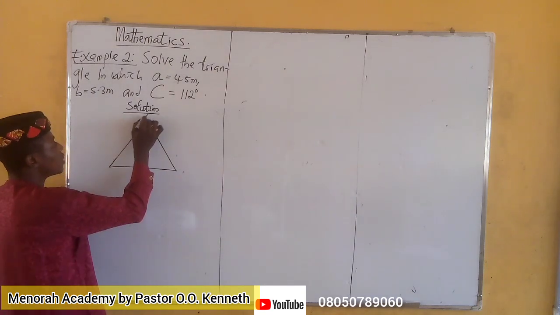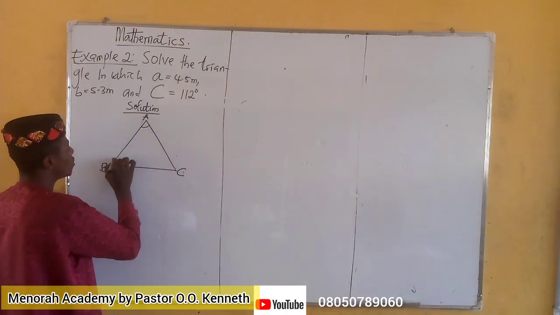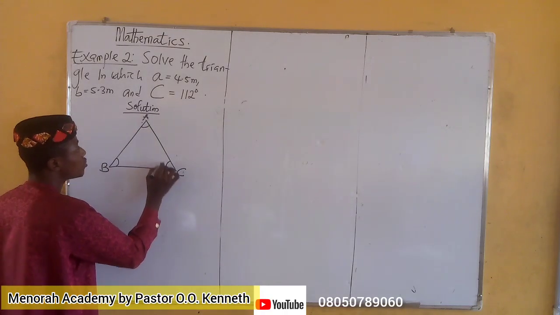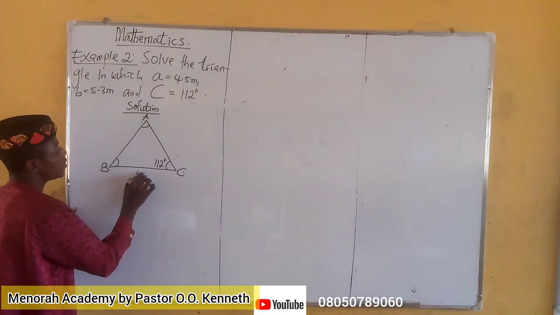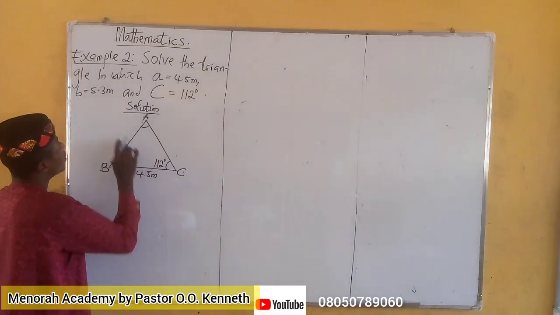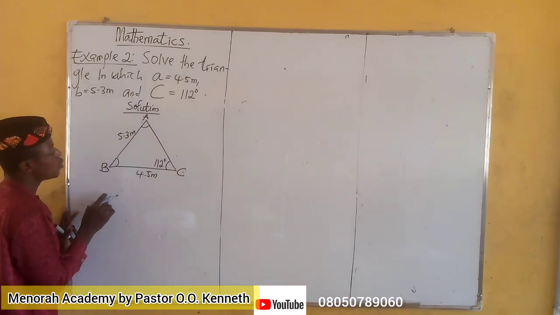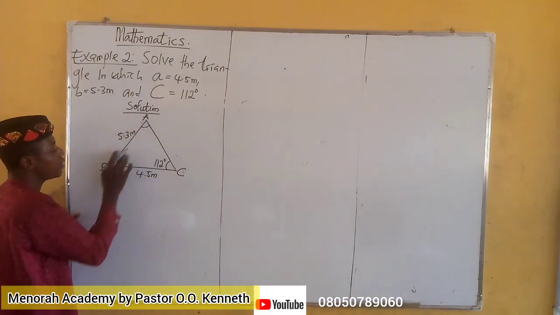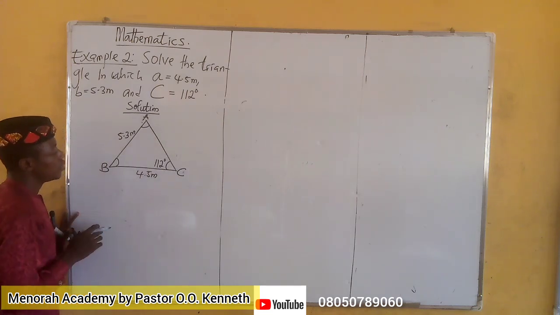Let's draw the triangle A, B, and then C. This angle here, angle C, is given to be 112 degrees, and then side A is 4.5 meters, and then side B is 5.3 meters. So now we are left with angle A and B, and then the side C, we'll be finding it.